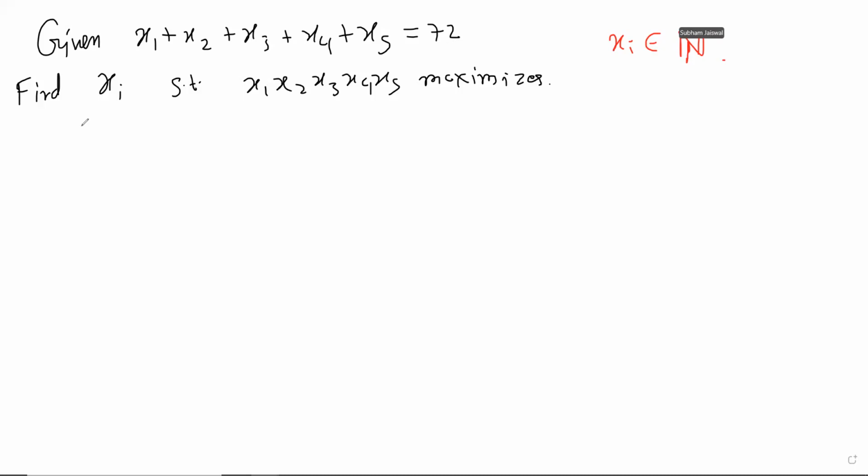But why do you take factors of 72? Yeah. X1 was a product. What does that mean?